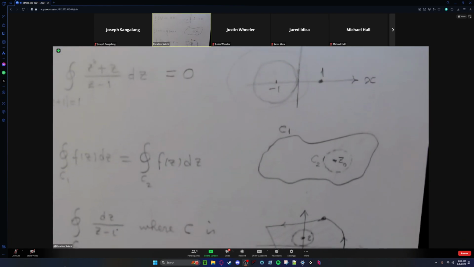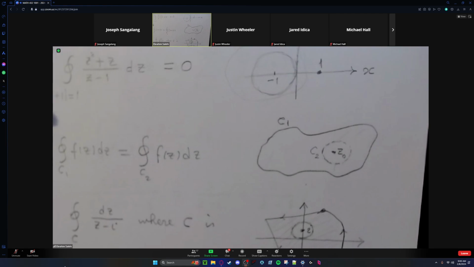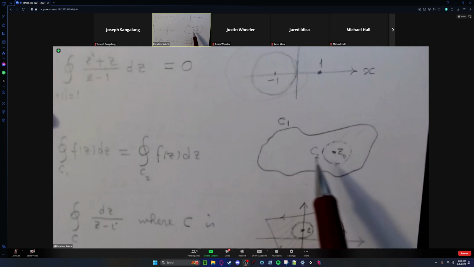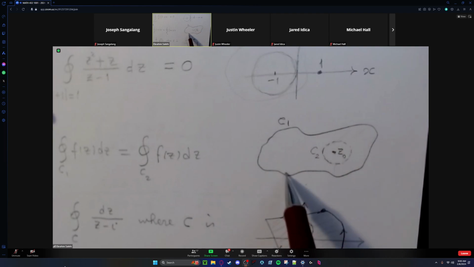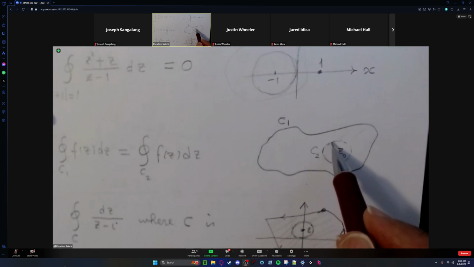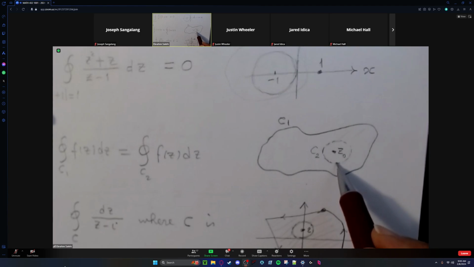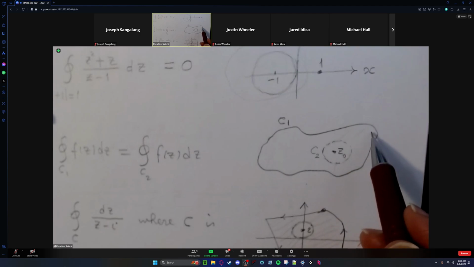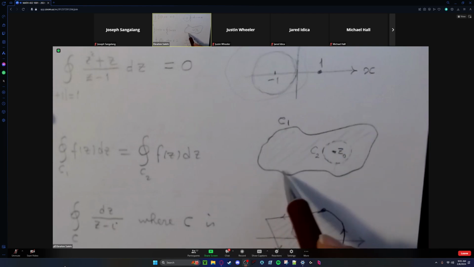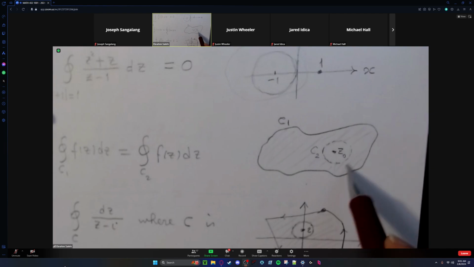What I proved now regarding that hole, if you have a bad point inside and you are integrating over this, you can isolate that bad point. And think about this as a domain that has a hole in it, okay?